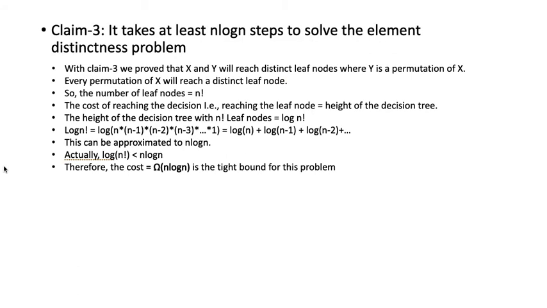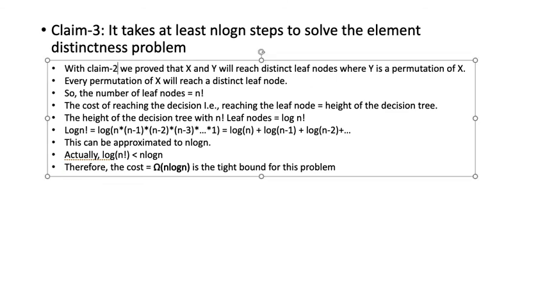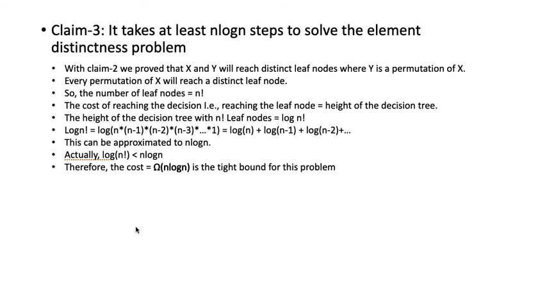Now finally, claim 3. It says that it takes at least n log n steps to solve the element distinctness problem. So as we saw with claim 2, we proved that x and y will reach distinct leaf nodes, where y is a permutation of x.